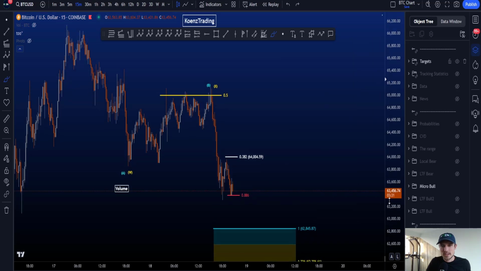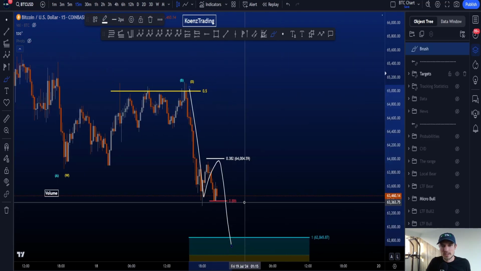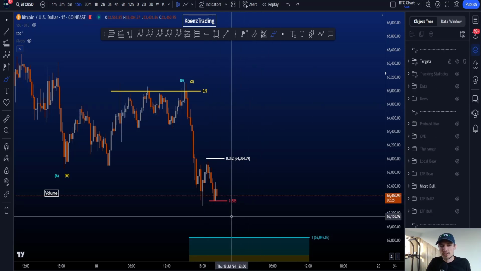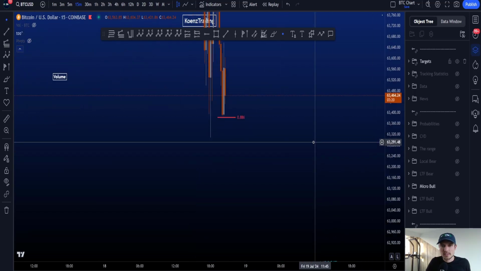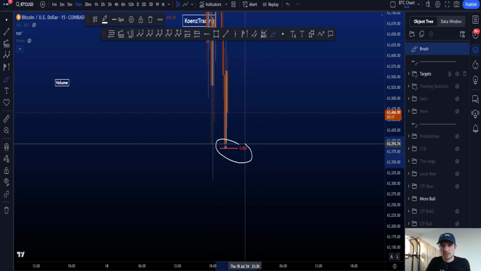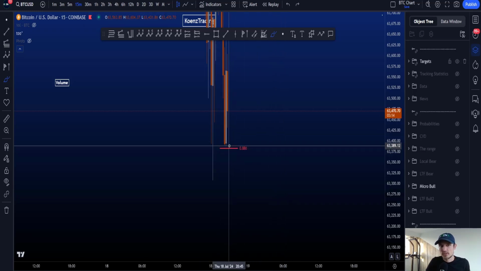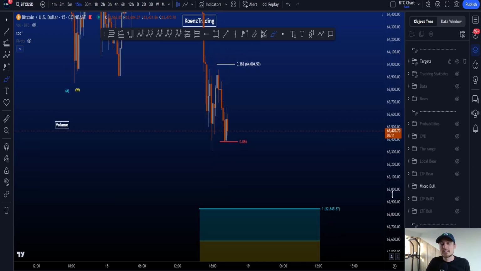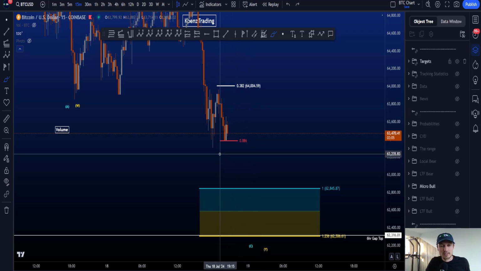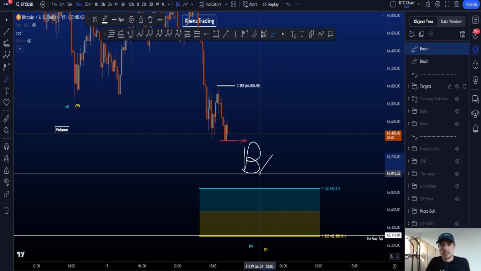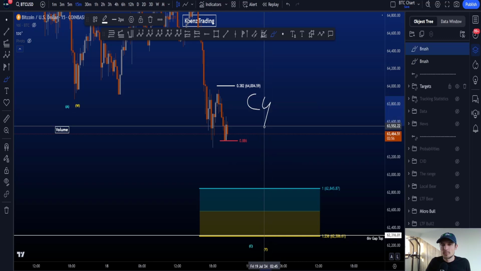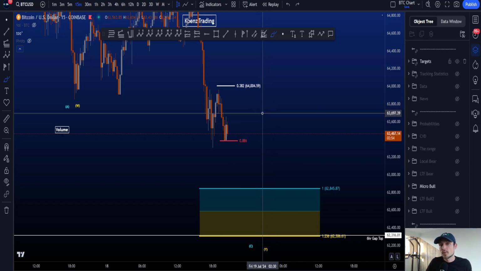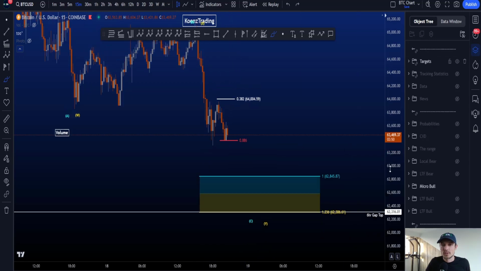Now, in this case, we then have our second leg towards the downside here, and you can see that price pretty much touched the 0.886, taken from the low to the high of this move, and the 0.886 is always important because the moment you touch the 0.886, and we are very close, we actually just missed out by a few dollars, but the moment you hit the 0.886, the probabilities increase for price to take out the low, because the 0.886 is rare for a wave 2, common for a wave B or a wave X, and therefore any move towards the upside has a higher probability of being a wave C or a wave Y, which therefore increases probabilities to still take out the low.